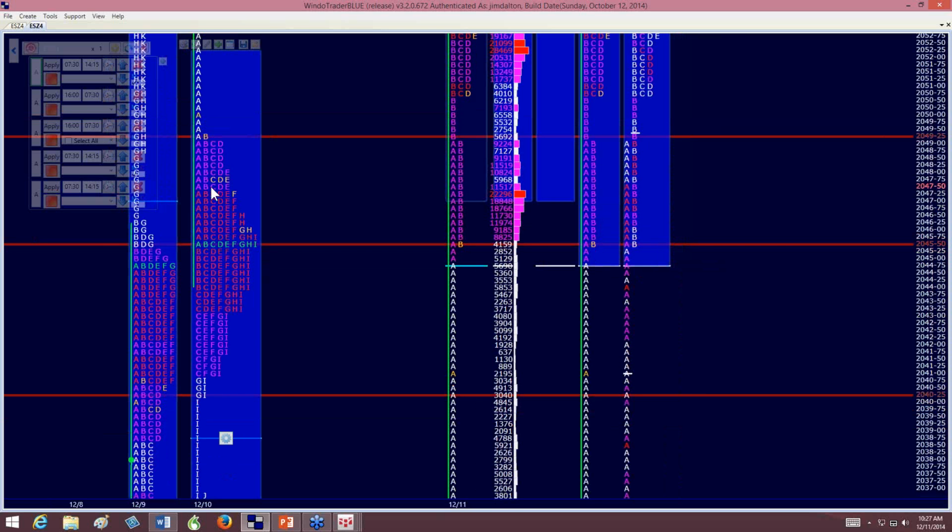Throughout yesterday, initially the point of control was right up here around the 2047.25 level. It did lower once yesterday down to the 2045.50 level, but never enough to make a significant difference. It just showed us that there was some pressure.